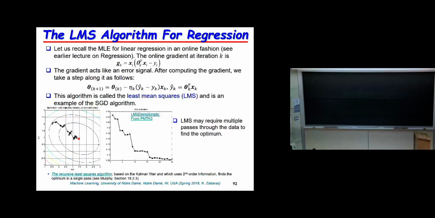So if you understand this, you will understand everything else. That's the gradient with respect to the parameters. So Robbins Monro for regression, in machine learning, comes with the name LMS, the least mean squares algorithm. This is for calculating the MLE estimate, but obviously you can generalize to other things as well.